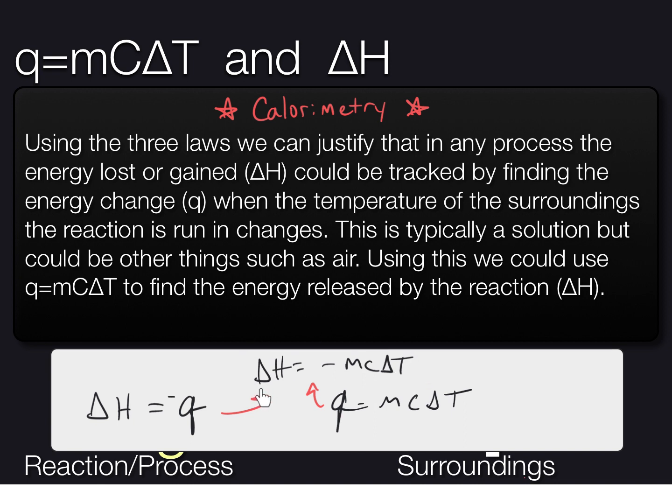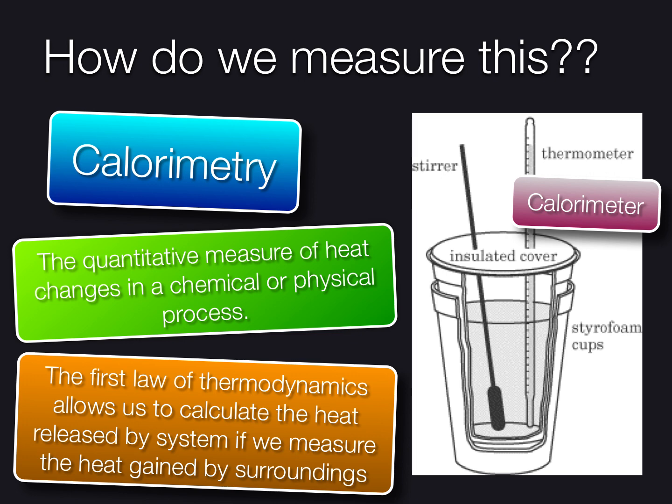So this formula, delta H equals negative mc delta T, is what we're going to be going with moving forward when it comes to calculations involving calorimetry.